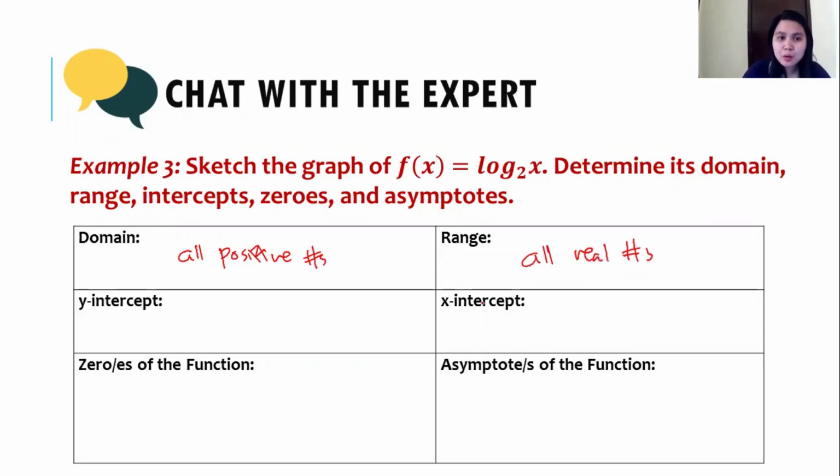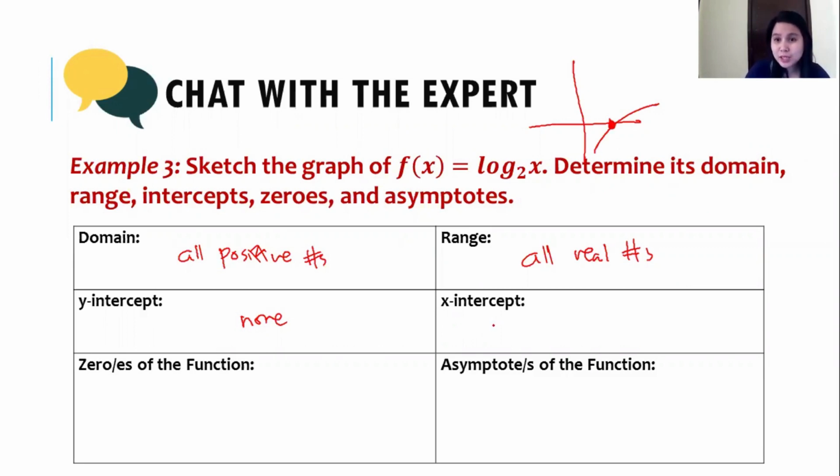How about our y-intercept? Remember, it will never cross the y-axis, so we say none. You always imagine this graph. So it will not cross the y-axis.